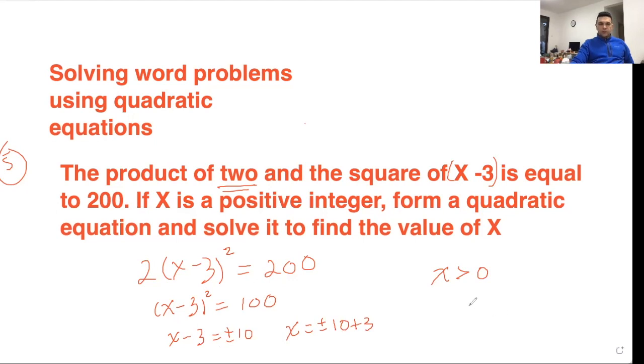So we're going to get two numbers: 10 plus 3, which is 13, and negative 10 plus 3, which is negative 7. Now remember this, x is a positive integer, so we have to reject this one. Reject. And we are left with x equals 13 right here.